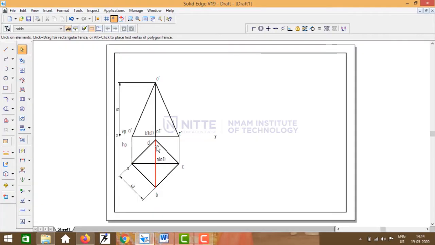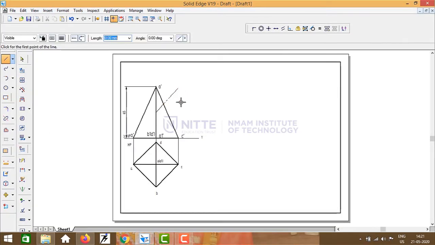Next, let us look into the section plane. The section plane makes an angle of 45 degree to the axis and bisecting it. So bisecting it means making two equal parts. So the total height of the axis is 65 millimeter, O1 dash O dash. So bisecting means it must pass through the center point, midpoint.